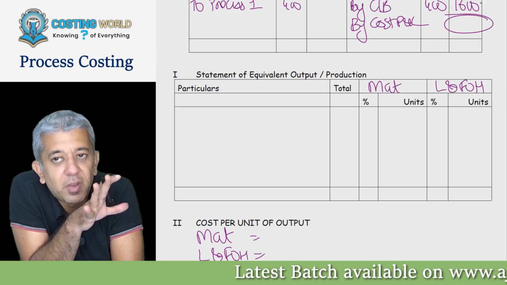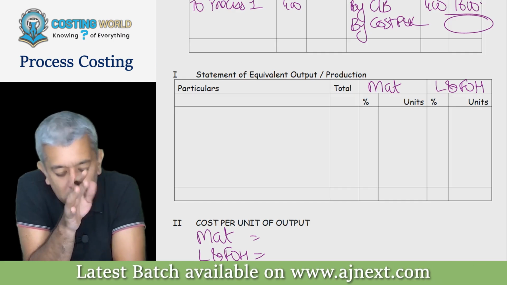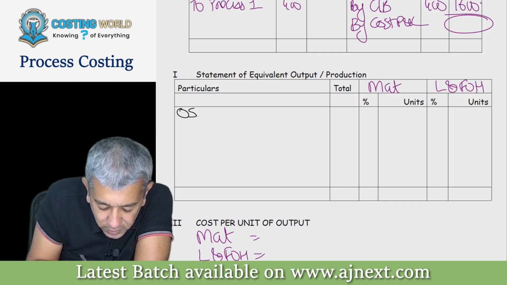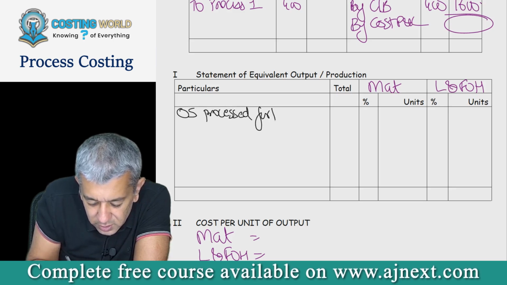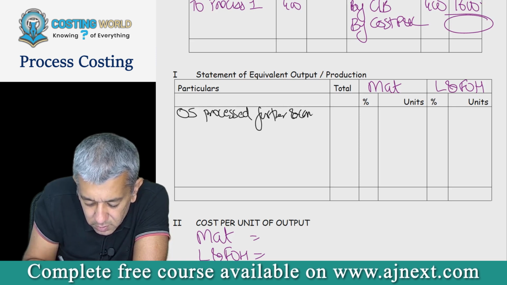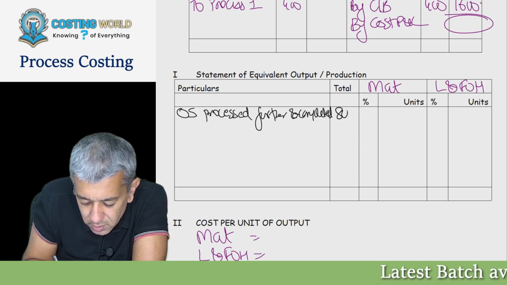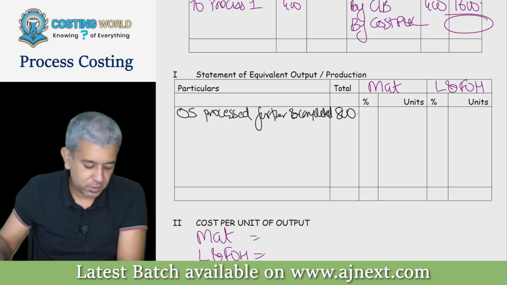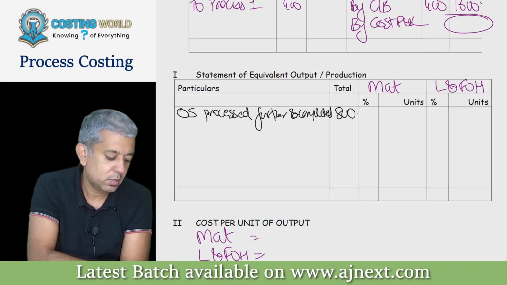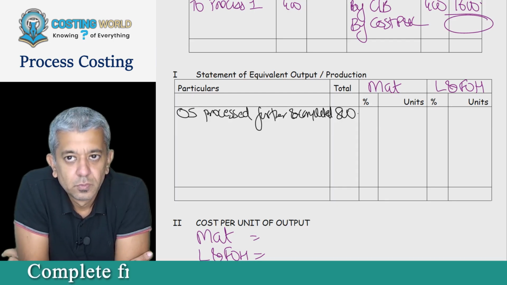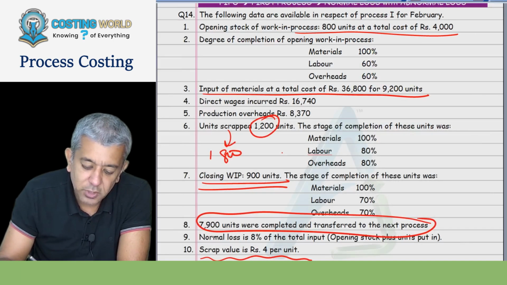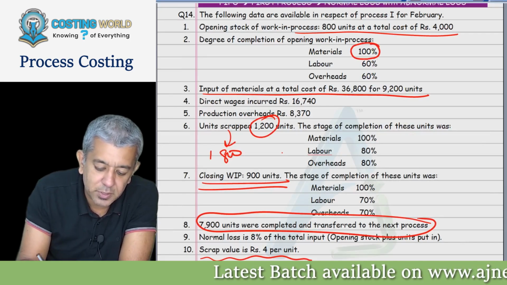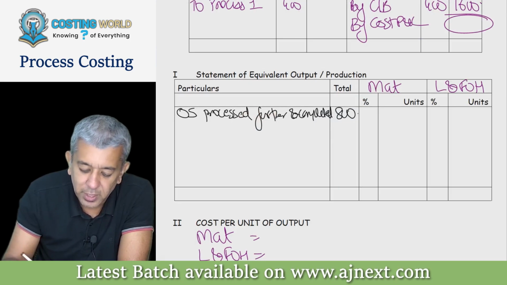So over here write down opening stock processed further and completed 800. Now, check the stage of completion of opening stock, please. It was 100% material, 60% labor and overhead. So tell me what will be coming over here?